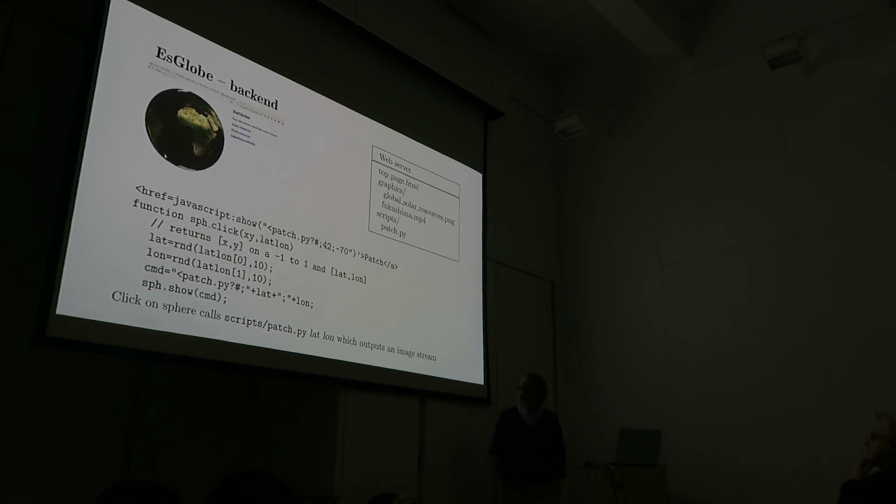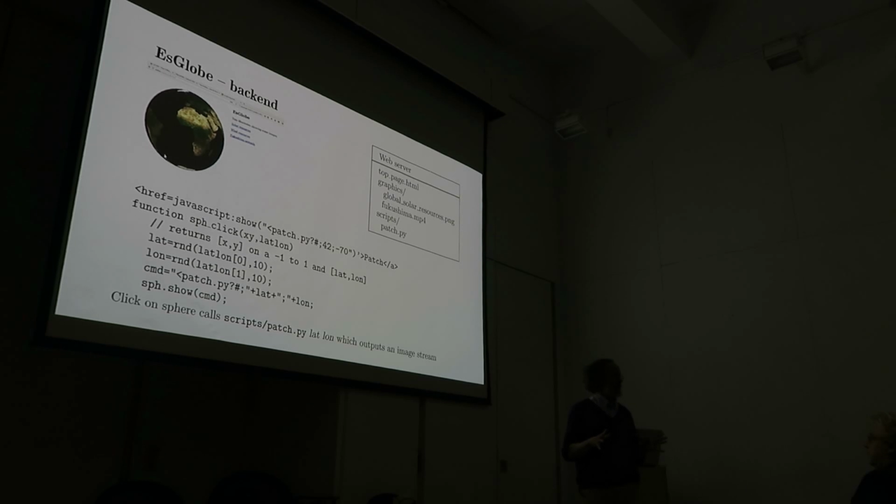Now, in order to do these, you need to have something that's doing computing. So you need to have a back end, sort of hiding underneath that says, okay, here's my latitude and longitude, now I'm going to compute and make these images of what the balloon looks like on top of the Earth.